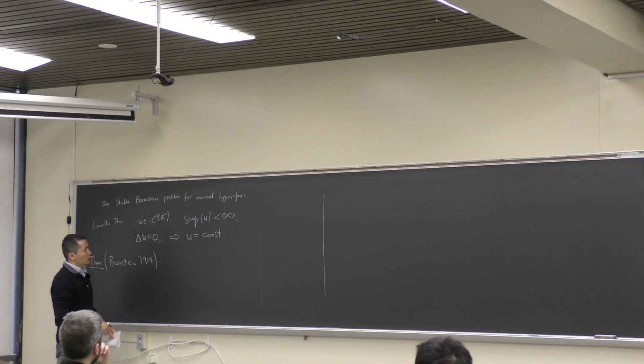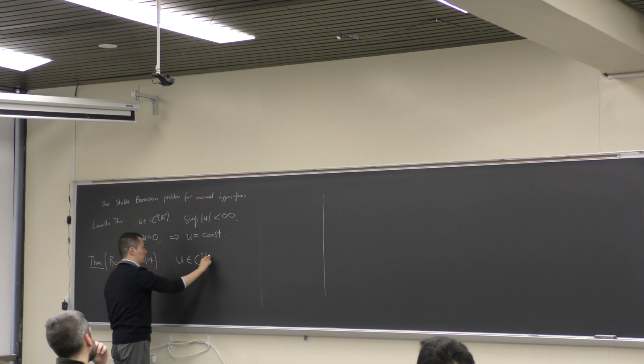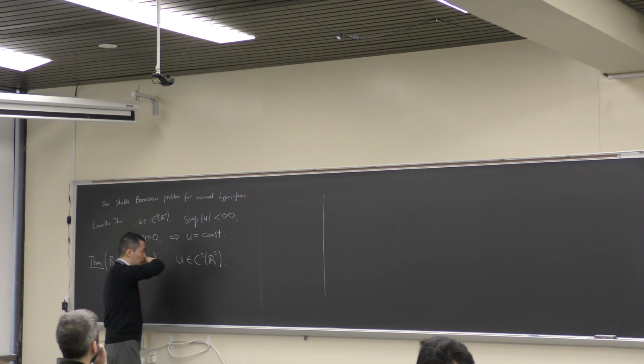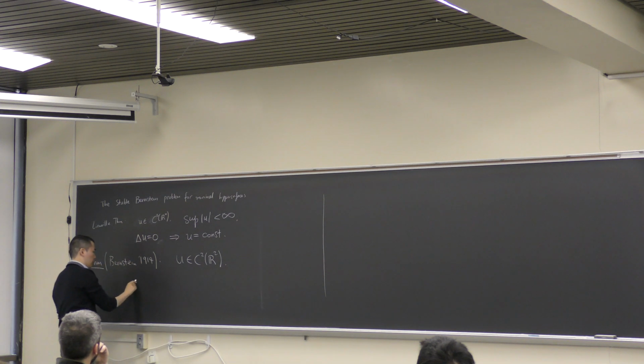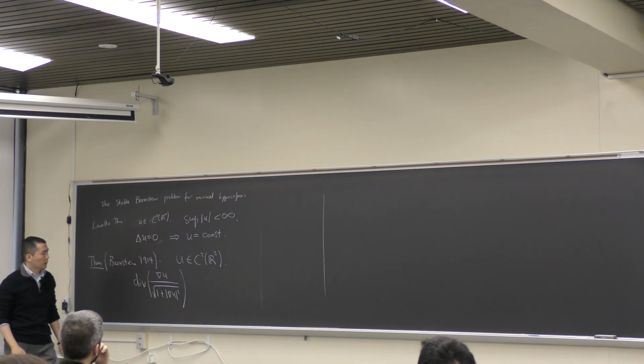is that if we consider the entire solutions to the so-called minimal surface equation in R2, so u is, say, a C2 function on R2, solving the following nonlinear equation: divergence of the gradient over the square root of 1 plus gradient squared equals 0.